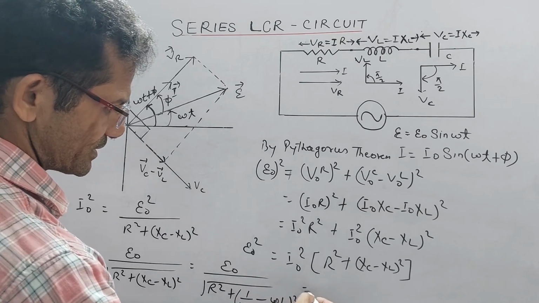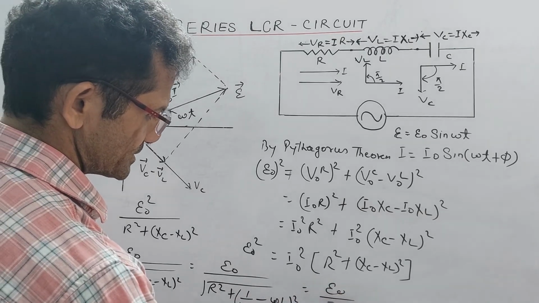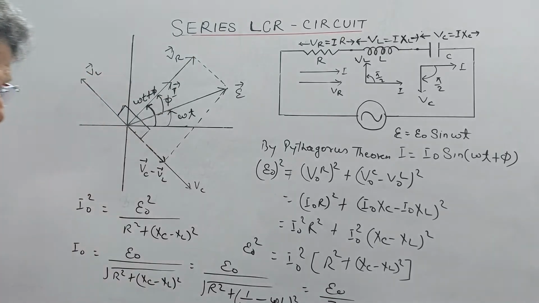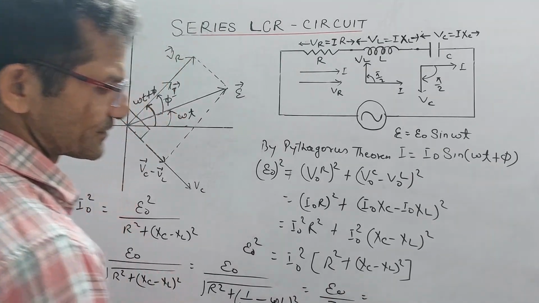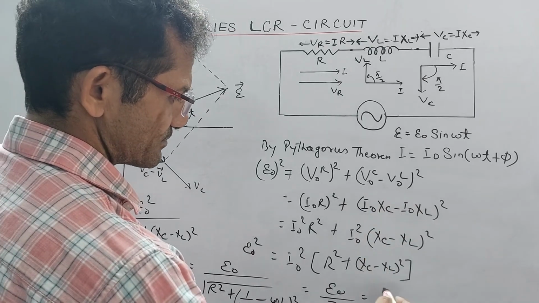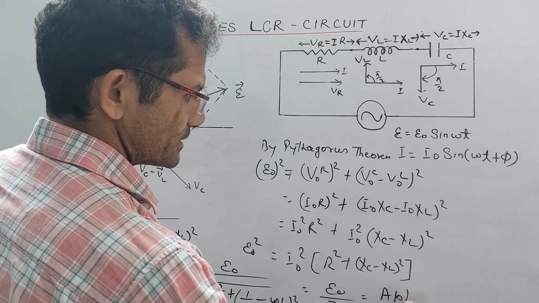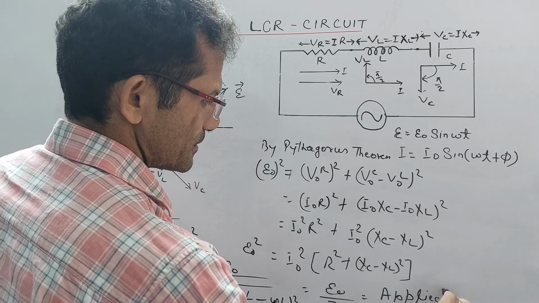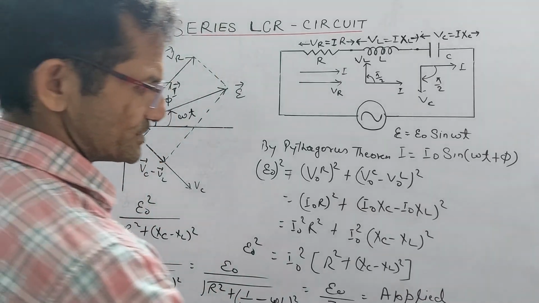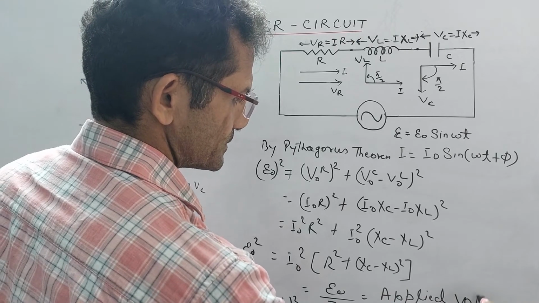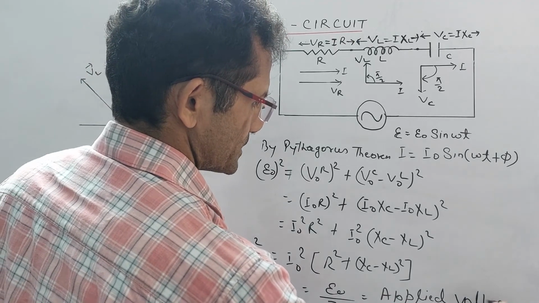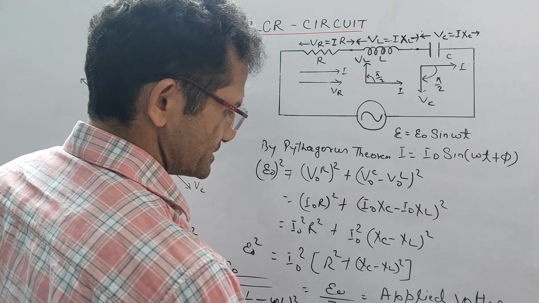Now we can write this as E naught upon Z. This Z is known as impedance. This is the amplitude of the vectors. I can say that the maximum applied voltage divided by the impedance.